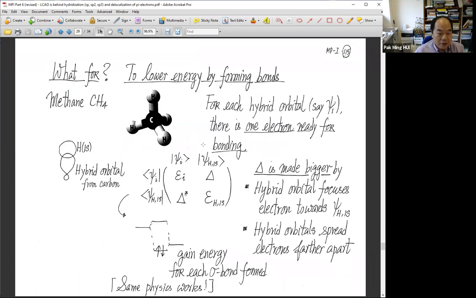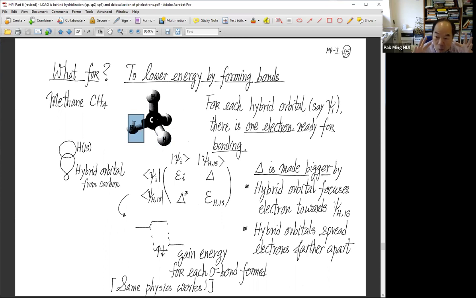So at the end, after doing that, it can bond with 4 hydrogen. The quantum physics is now very easy. You don't need to consider the whole thing at once because we already did the linear combination. Each orbital will be highly concentrated to overlap with an H. So it is like a 2 by 2, 2 by 2, 2 by 2, 2 by 2, decoupled.